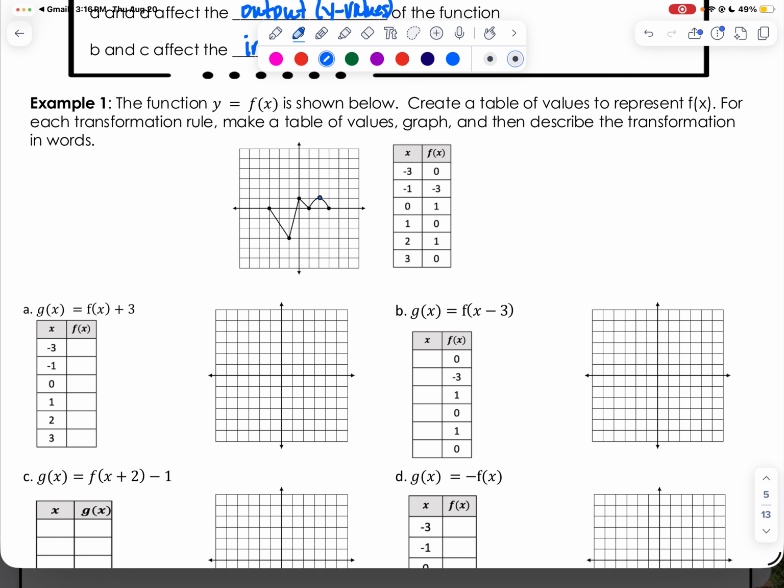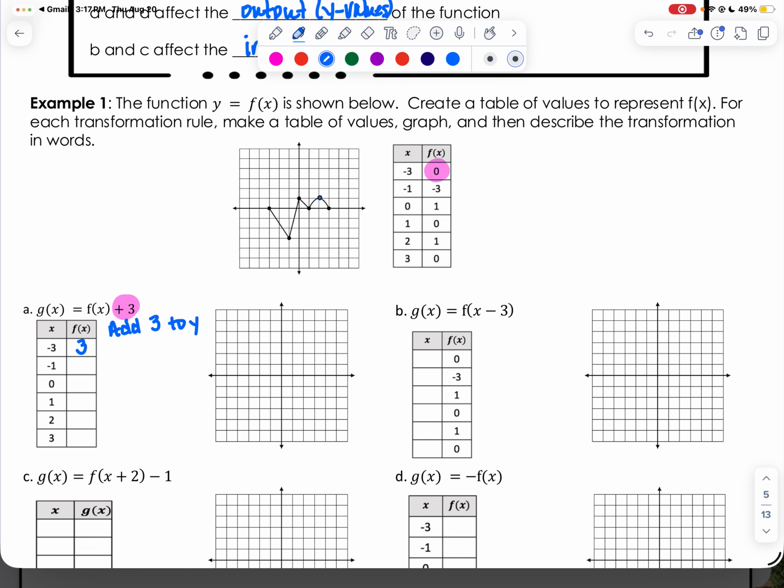So this plus 3 is on the outside of the function, which means it's going to affect my y values. And in fact, what we're going to do is add 3 to each y value. So you're going to look at your original y values here. You're going to take that first y value, which is 0, and add 3 to it.